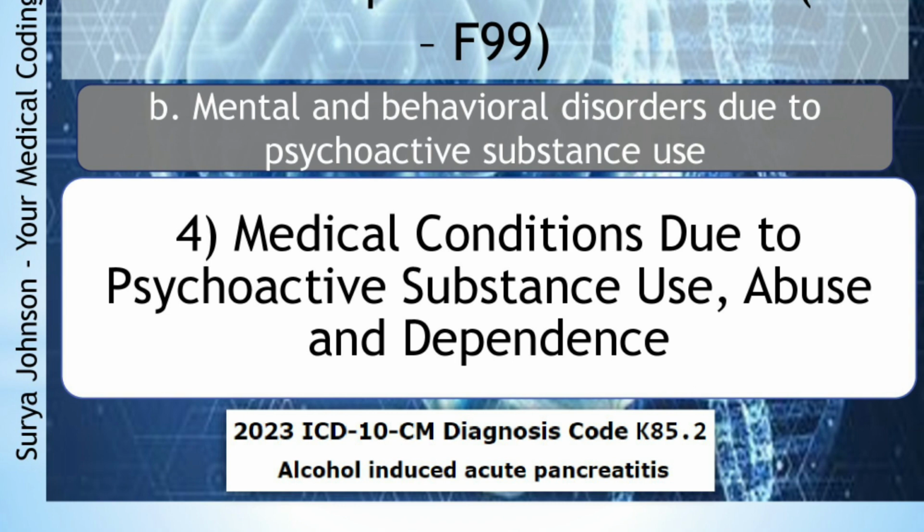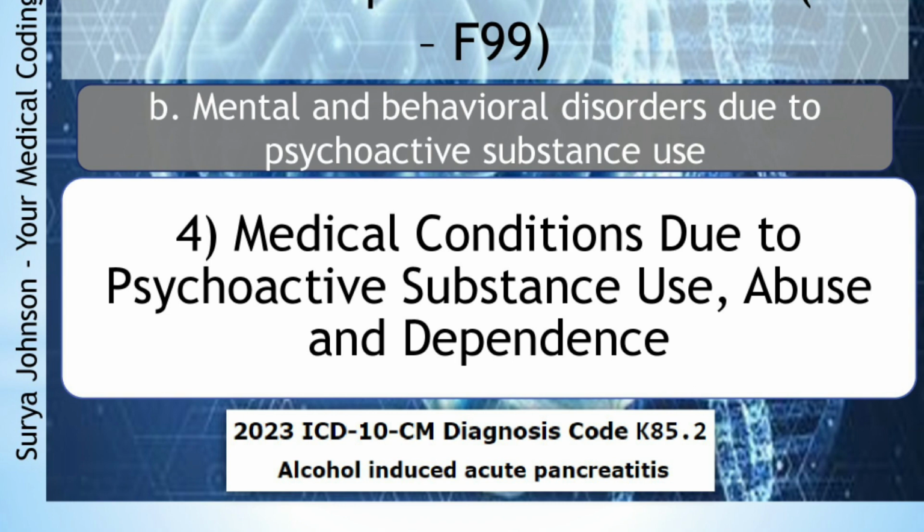If there is already a diagnosis, for example, alcoholic pancreatitis due to alcohol dependence, where the patient is alcohol dependent and that resulted in alcoholic pancreatitis, inflammation of the pancreas, there is a code K85.2, which is alcohol induced acute pancreatitis. You will assign this code, and then from the subcategory F10.2, F10.20, which is alcohol dependence, uncomplicated.